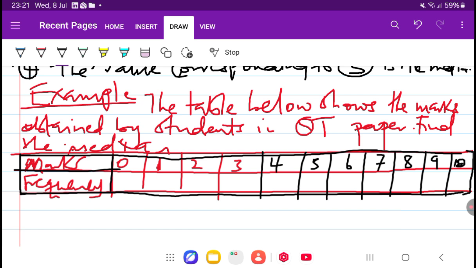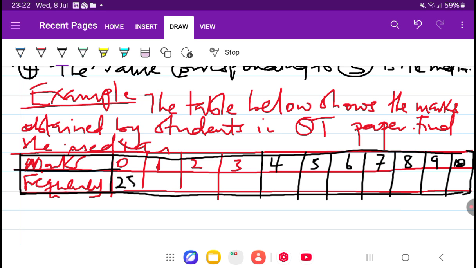So they want us to find the median. Of course, for this one, let's first put in the frequency.